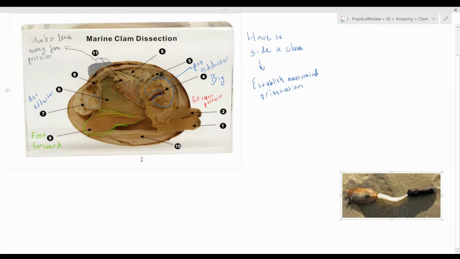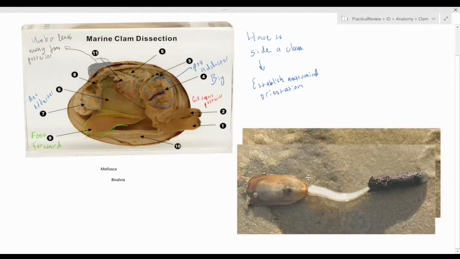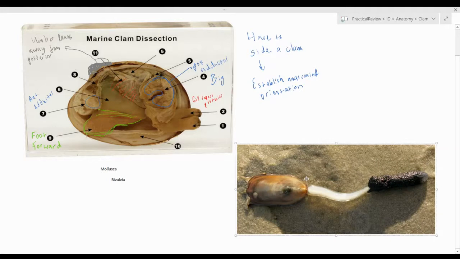So this is a mollusk. Mollusca. Bivalvia, which includes a number of shelled organisms. But then there is this. It has two shells. It looks rather clam-like, but it is absolutely not a clam. It's a member of Brachiopoda.